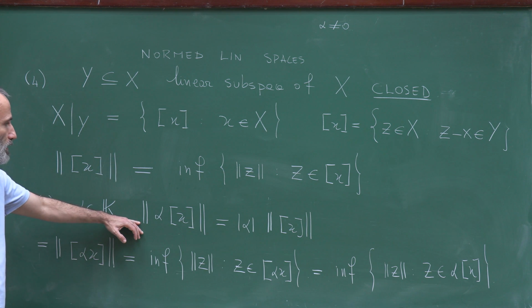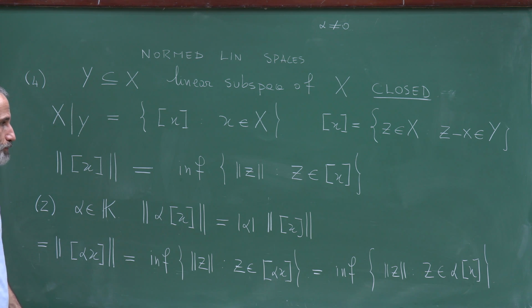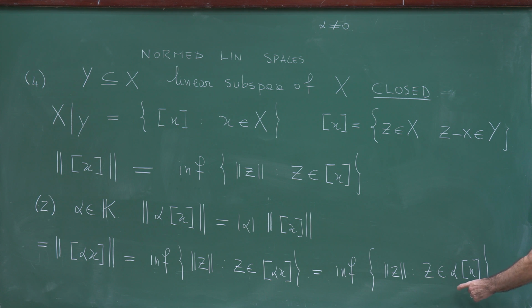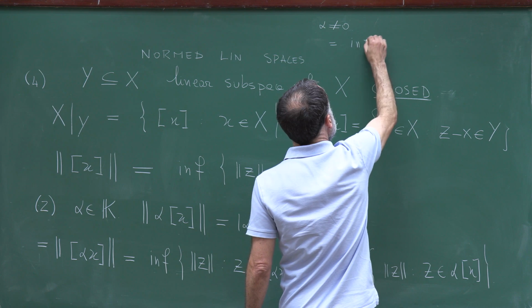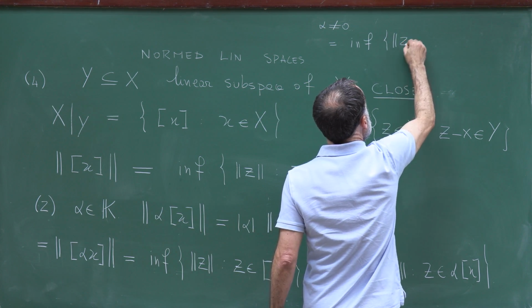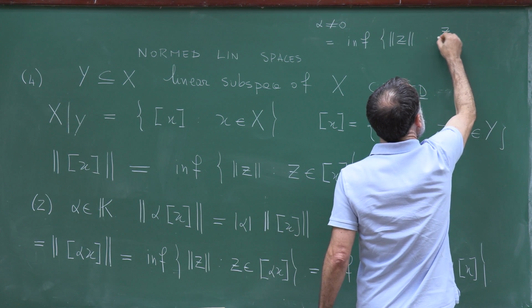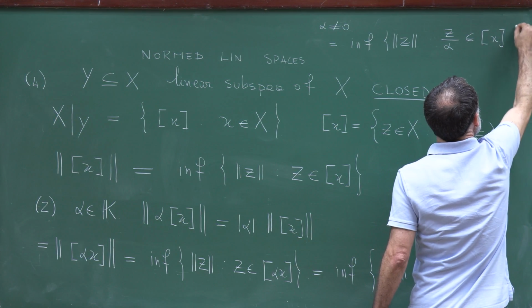We'll prove this identity in a moment in the case in which alpha is equal to 0. So if alpha is different from 0, saying that z belongs to this set is the same thing as saying that z divided by alpha belongs to this set. So this infimum is equal to the infimum of the norms of z, such that z divided by alpha belongs to x.